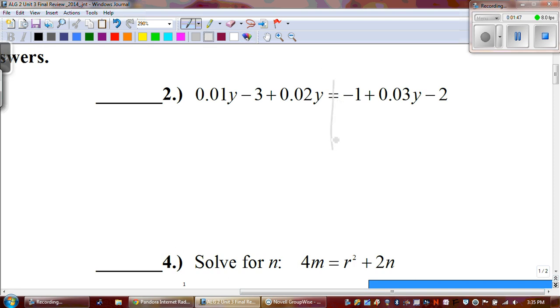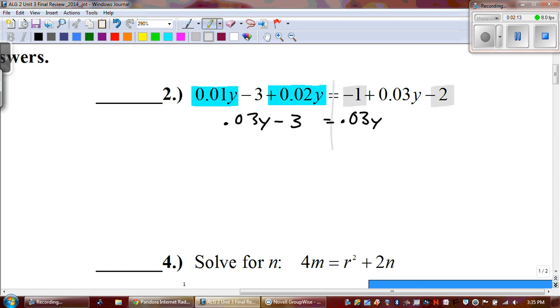Now, before you get all worried about number 2, let's just start combining our like terms, okay? 0.01y and 0.02y, you can combine those and get 0.03y minus 3. And on the right side, we have the 0.03y, and the things that we can combine are negative 1 and negative 2. When you combine those together, you get negative 3.